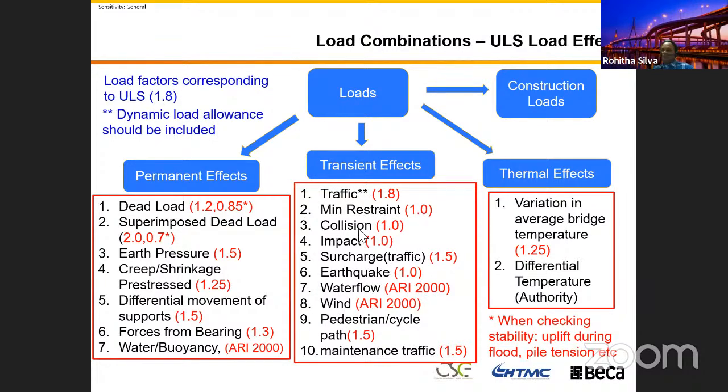As I mentioned before, minimum restraint, collision, impact, earthquake, they are all considered as ultimate limit state events in the bridge design. So that's why these factors are 1. And the water flow and wind, we consider 1 in 2000 year RI. The variation in the bridge temperature, we use 1.25.